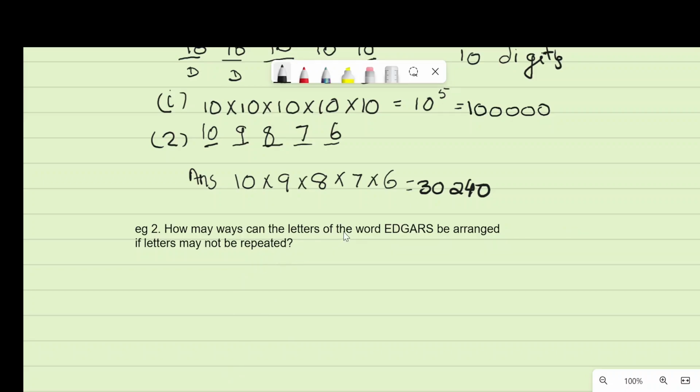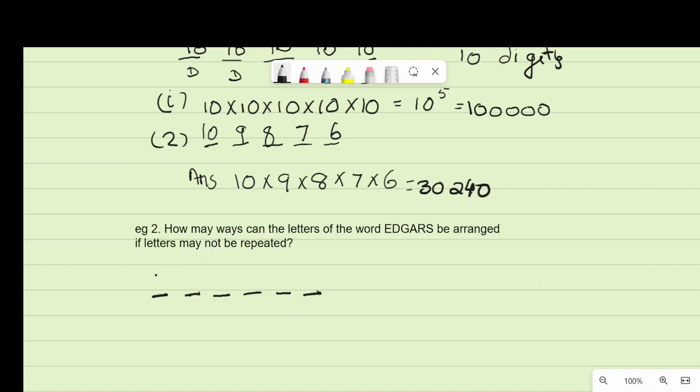So how many letters are here in the word Edgar's? 1, 2, 3, 4, 5, 6. 6 letters. So that means here you take 6 positions.